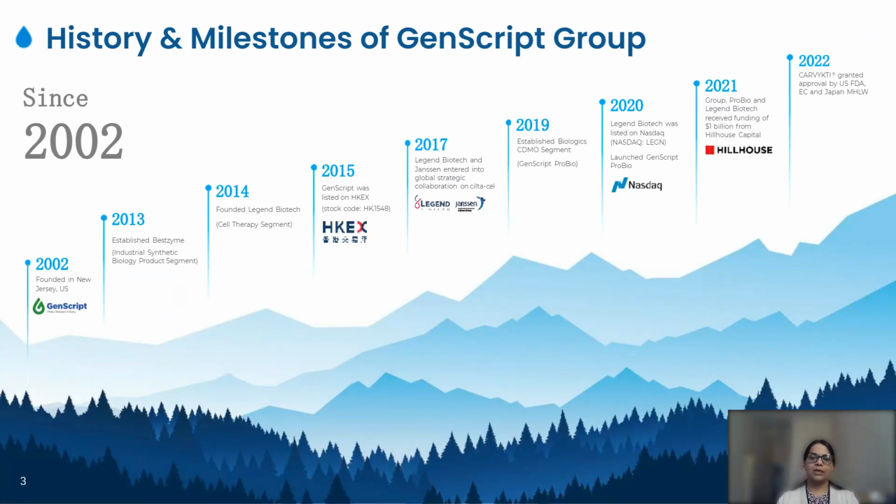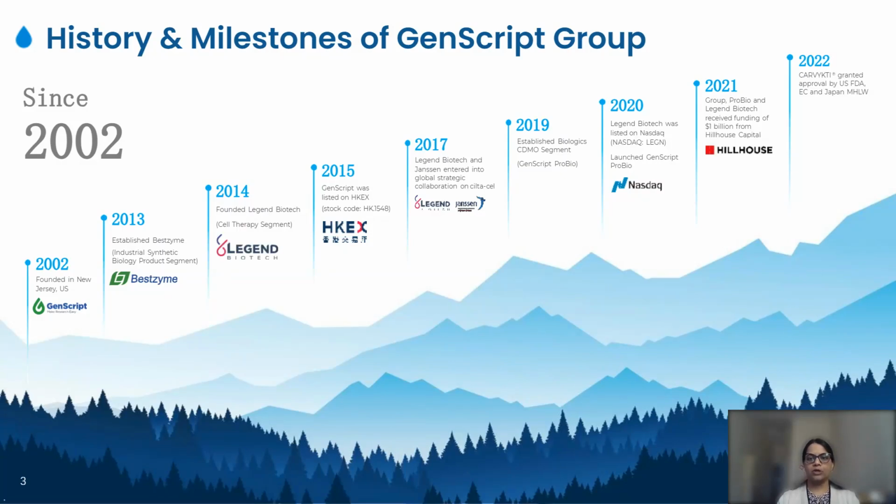Let me start by sharing some background information about the company. GenScript is a biotechnology company which provides life science service and product worldwide. Key milestones of the company's success are shown here. In 2002, we launched the first custom gene synthesis platform. In 2013, we launched Bestzyme, a subsidiary company for synthetic biology product.